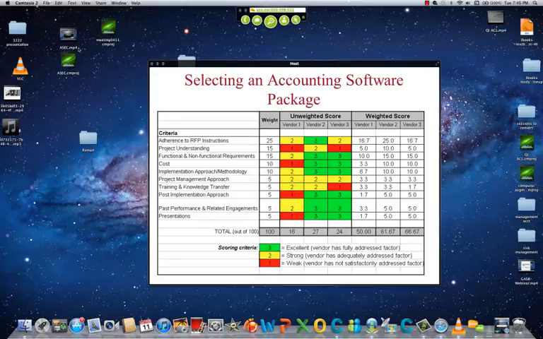Guys, how do you calculate a weighted sum? Do you know how to do this? How do we get, say, the number 16.7 for feature number 1 for vendor 1? So the weight is 25. For this vendor, you have this criterion, and you think that on the scale from 1 to 3, the quality of this feature is 2.